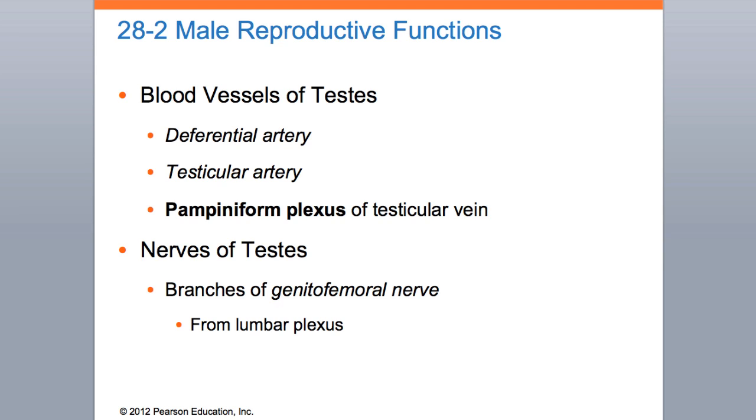So it's actually air conditioning your scrotal sac. So this is a blood vessel cooling system, very much similar to an AC. And that's actually mentioned on page 1035. Next slide.